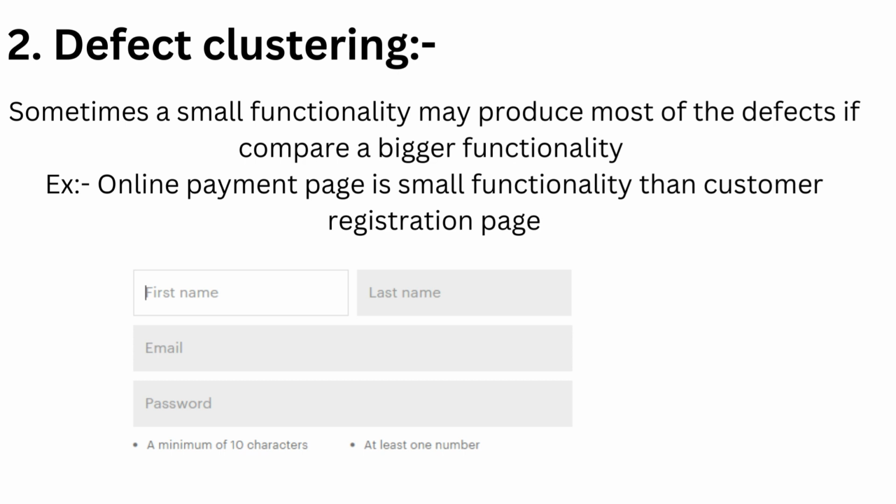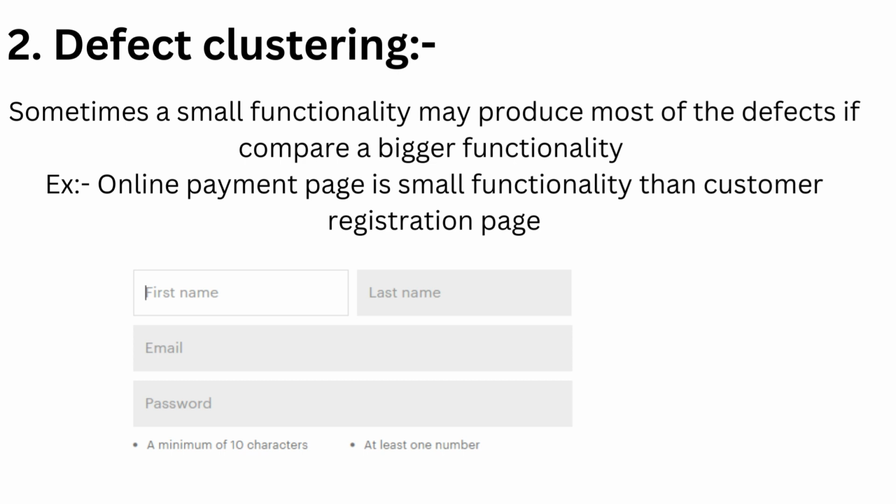But in the online payment page, we are entering only the amount and our PIN, and the amount will be debited. It is not less complex, it is more complex. So we should not assume the logic by seeing the page size. This is the main motto of defect clustering.